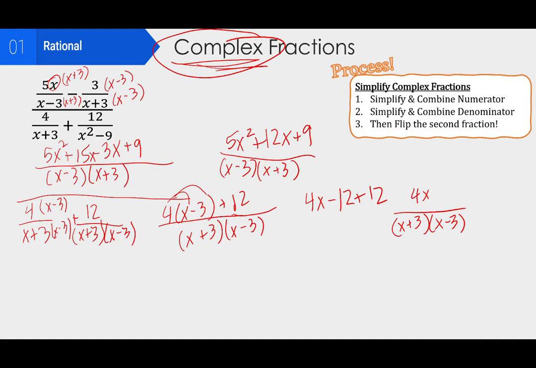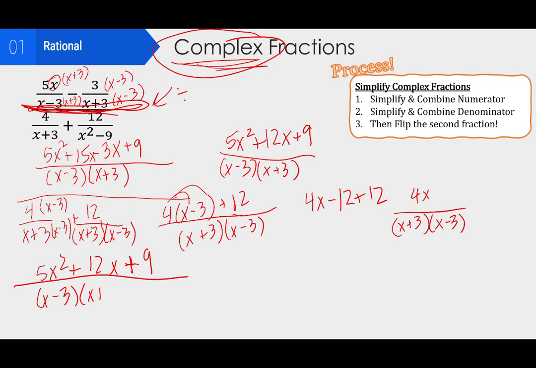Remember that this big fraction bar here means divide. So really what we have, if I write it horizontally, 5x squared plus 12x plus 9 over x minus 3, x plus 3, divided by that second fraction, 4x over x plus 3, x minus 3.